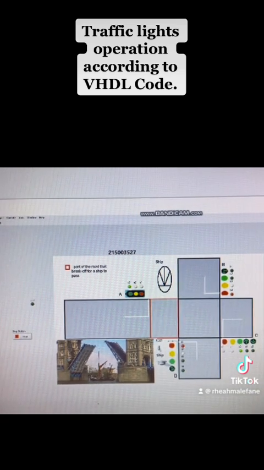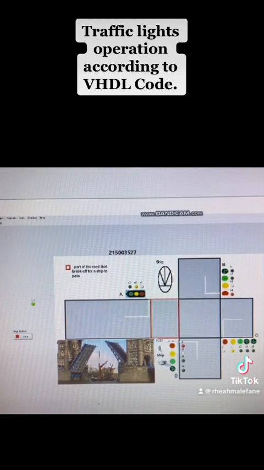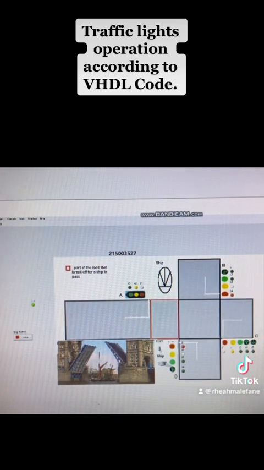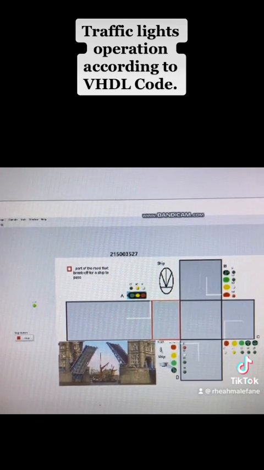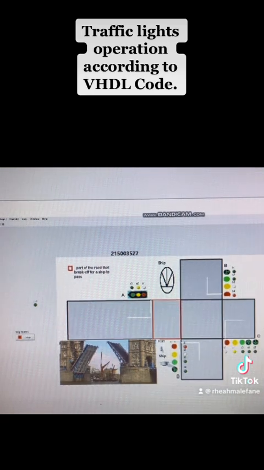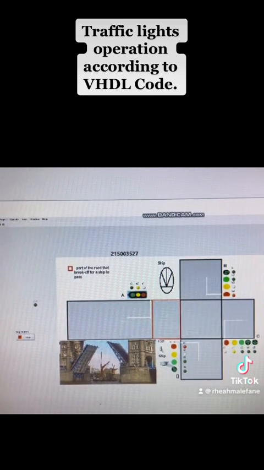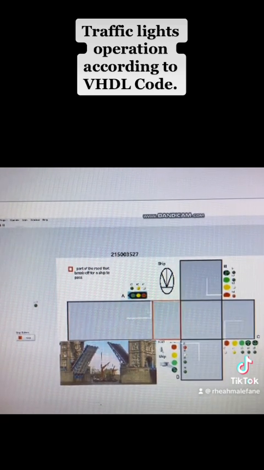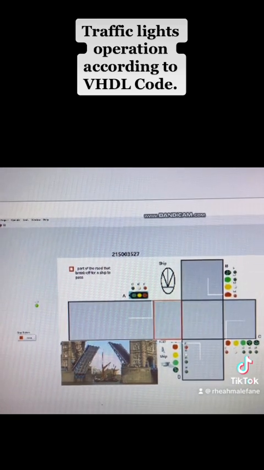As the ship passes the bridge, A1 will be high until the ship passes the bridge, and A1 and C1 will be high with B1 and D4 being high.